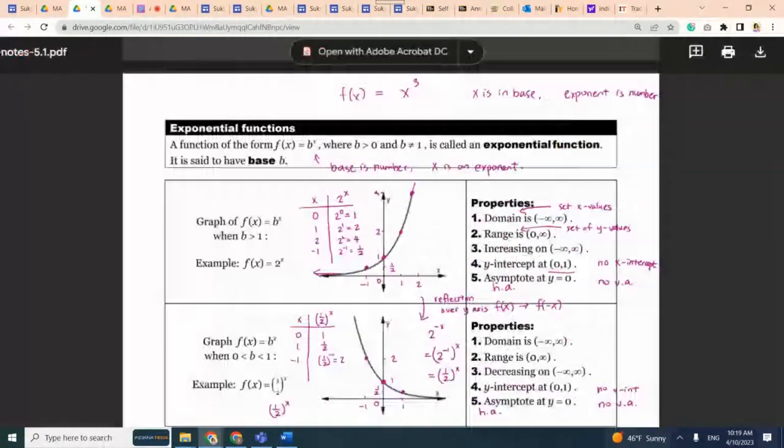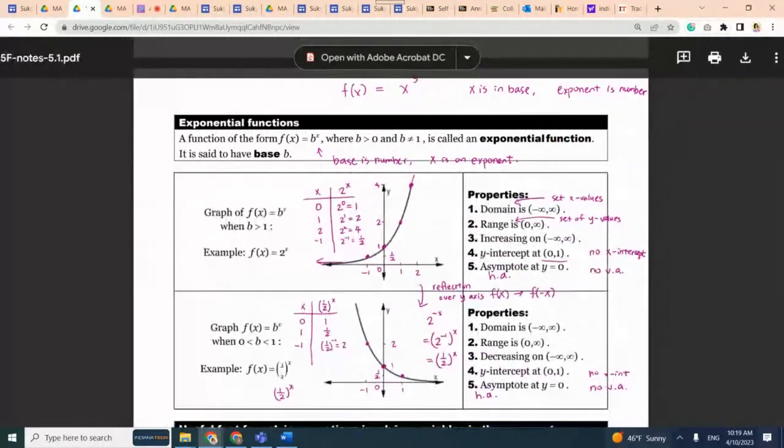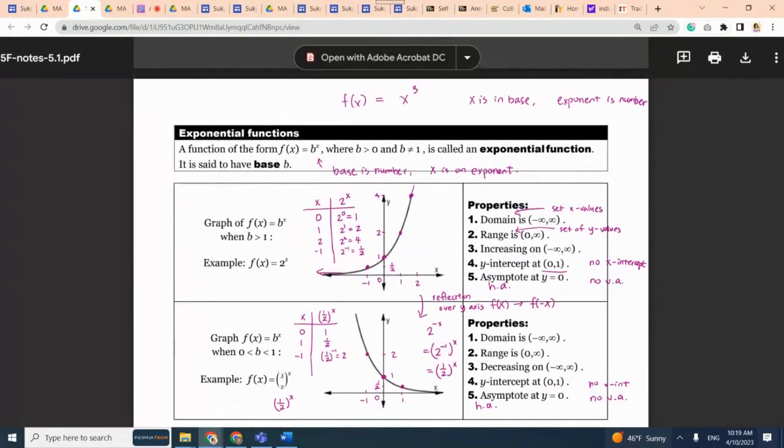Okay. Next, I want to introduce exponential function. So we learned power function before. Power function like x cubed or polynomials. Do you see x's in the base and the exponent is a constant, right?